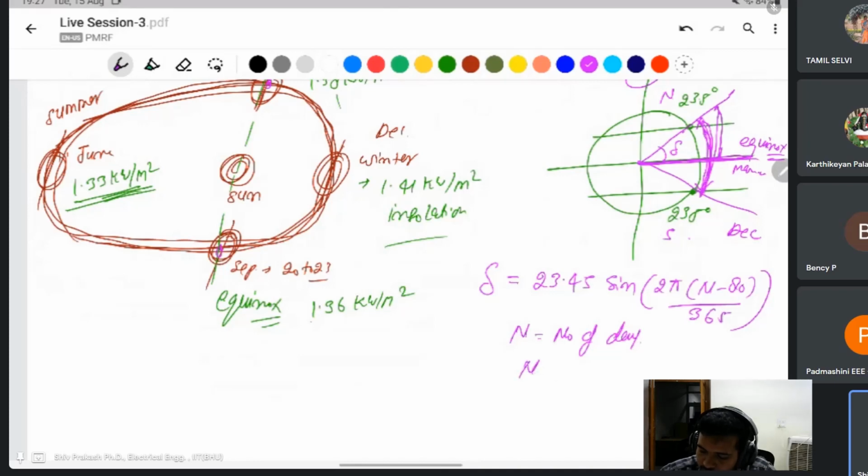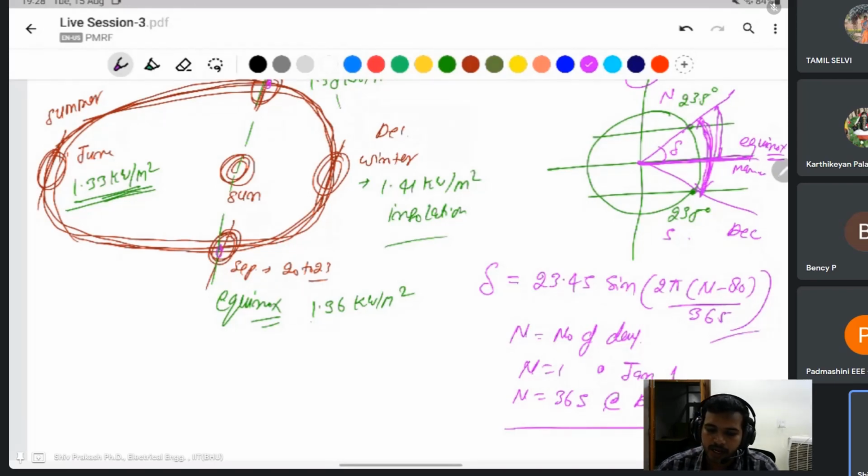Like n is equal to 1 on January 1 and n is equal to 365 on December 31st. This type of thing defines the declination angle.